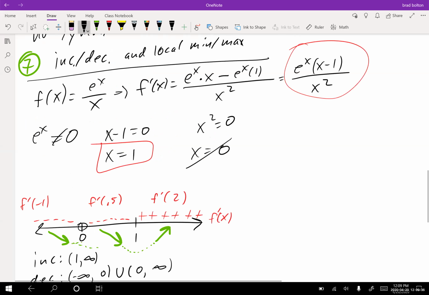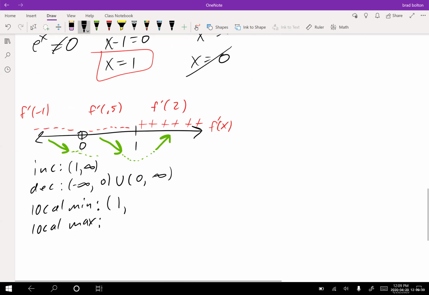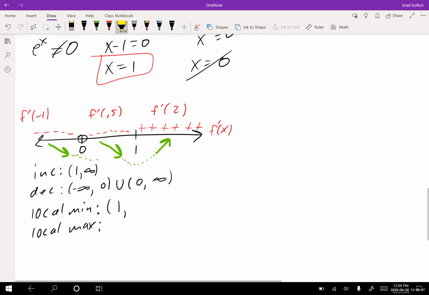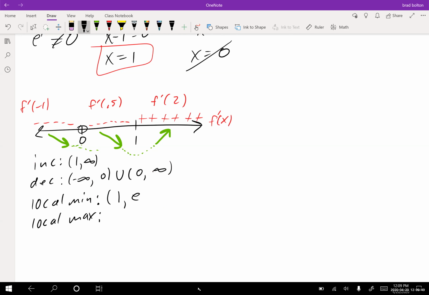Now we can go back up here. Oops, we don't need to go way up there. We can use f of x and plug it into the original function. So I'm going to plug 1 into the original function, and I'm going to get e over 1, which is e. So I have 1 comma e. Okay, and then local max, we talked about it. There isn't one. There can't be because we only have one critical number, and we found the local min.